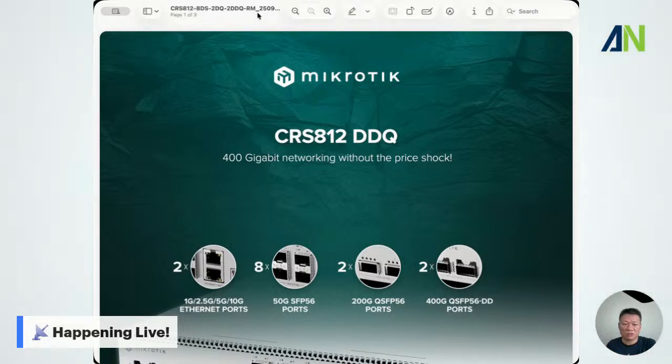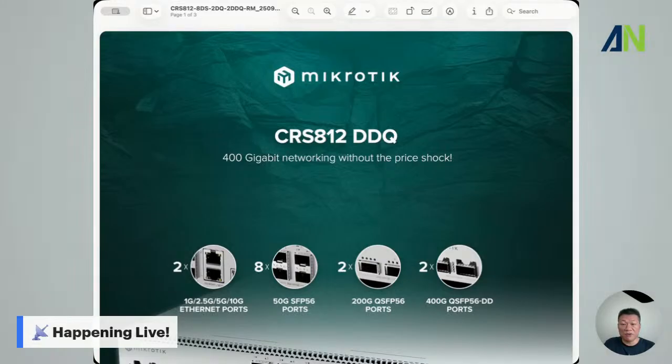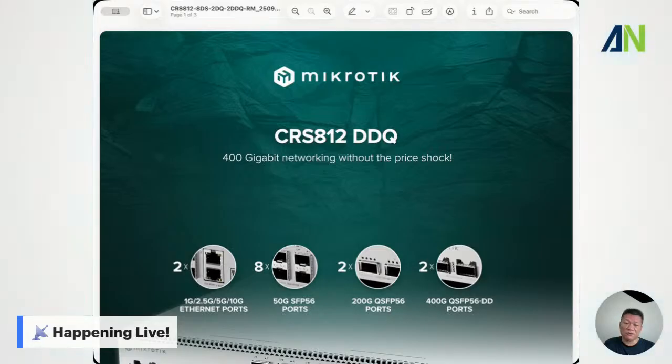For those that don't know who MikroTik is, MikroTik is a manufacturer of computer network products based in Latvia. What makes them very different from other vendors is that regardless of whether we are looking at a switch, router, or access point, they use the same software, named RouterOS.